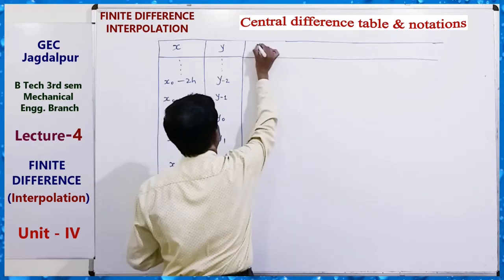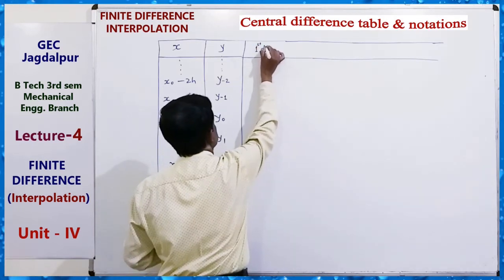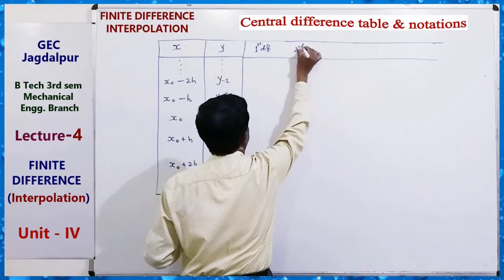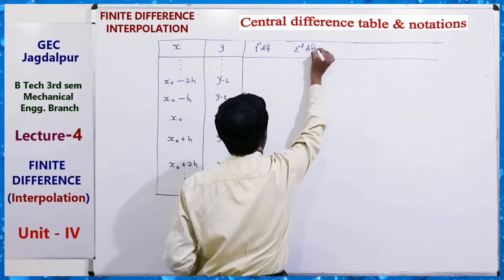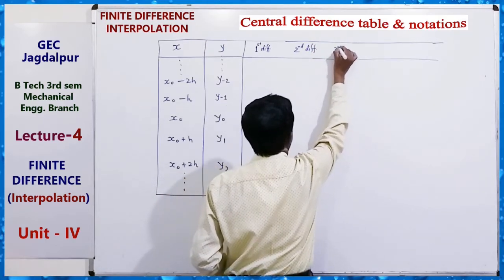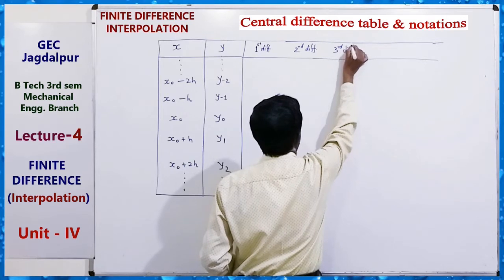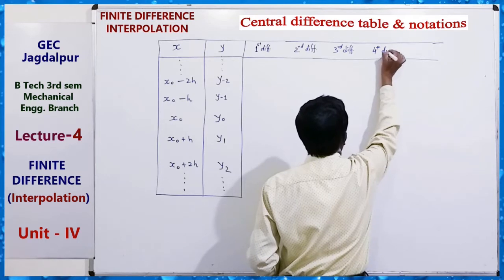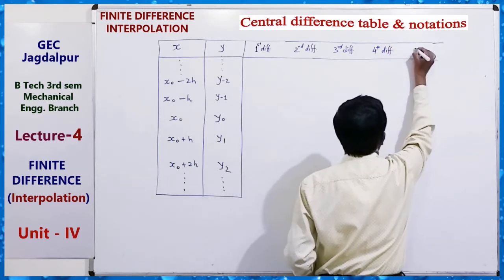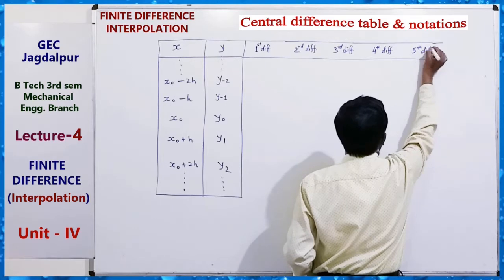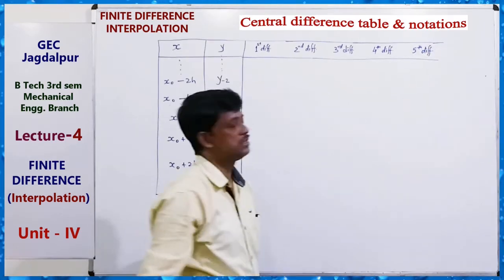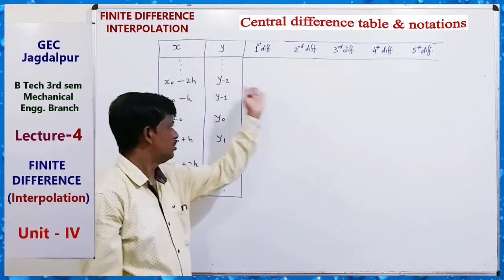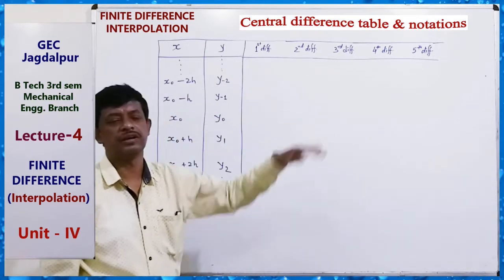So here first difference, second difference, third difference, fourth difference, fifth difference. We just have to find the differences. From this table we can also note down forward, backward, central, etc.